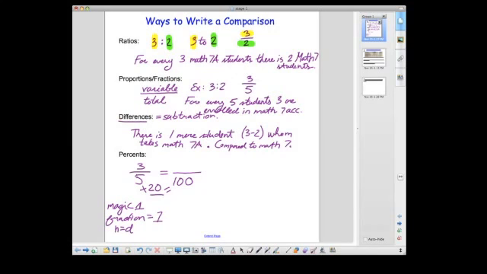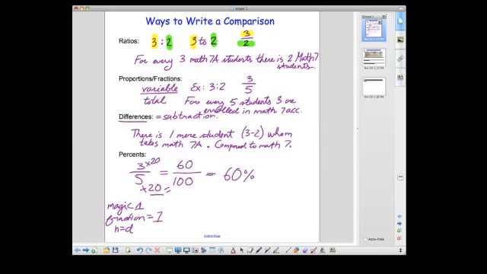So 5 times 20 equals 100. Now I need to multiply 3 by 20 because I can only multiply a number by 1 without changing it. So 3 times 20 is 60, which gives me 60 over 100. Now I know that my percent is 60% because percent refers to the amount out of 100.